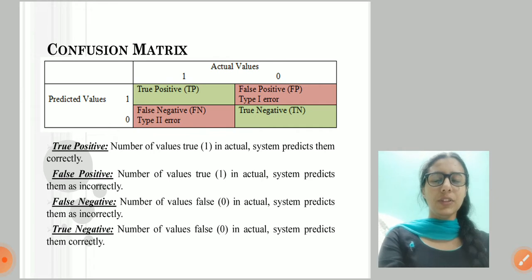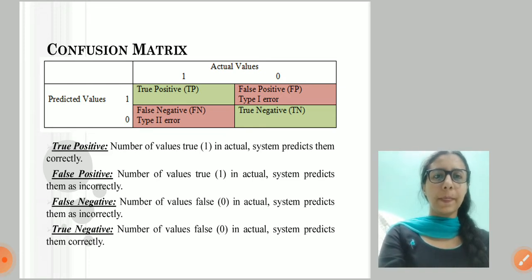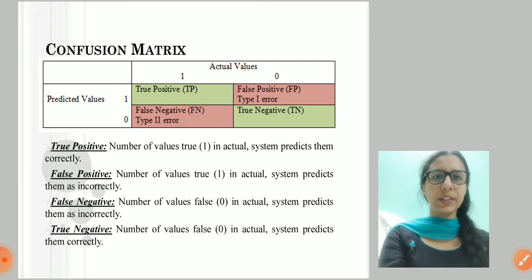Like if the actual value is 1 and the model predicts 1, then it is a true positive case, and if the actual value is 0 or false but the model predicts it as true, then it is a false positive, and if the actual value is 1 and the model predicts it as 0 or false, then it will be considered a false negative case.